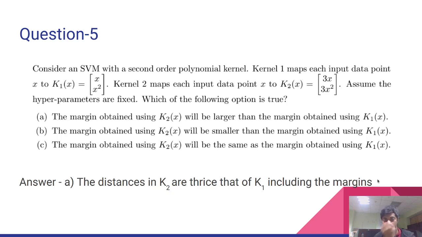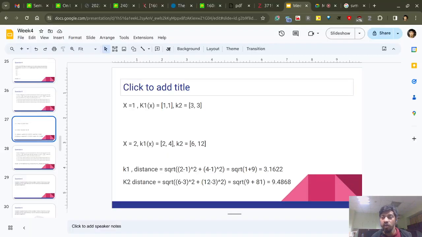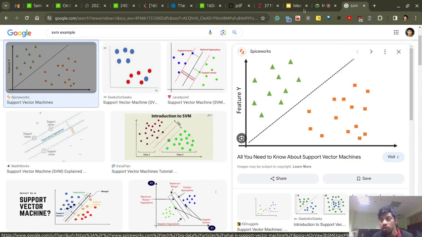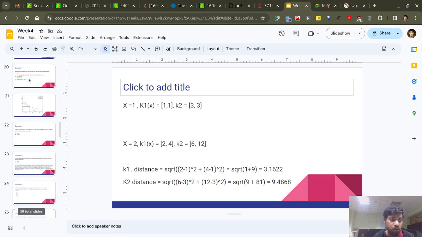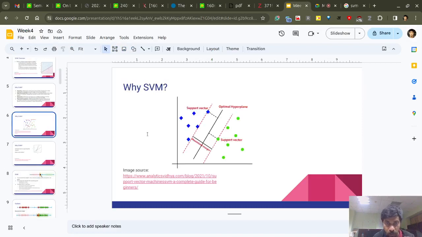Yeah. Hello, sir. What is the meaning of the margin here? What does it represent? Okay. Margin. So here, margin means the distance between the nearest point and the line. So this one is the margin. Okay, I'll give another example here. You have the point here. This is the optimal hyperplane, and this is the support vector, right?